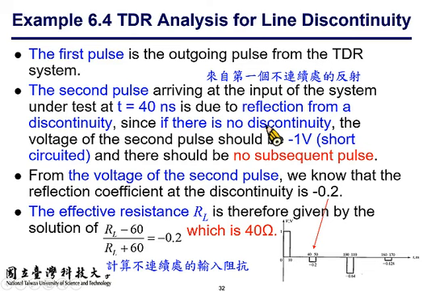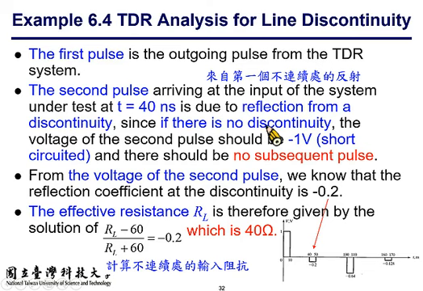So what can we do to diagnose the system? All right, the first thing is, based on the value of the reflected signal, we can estimate the equivalent resistance observed at the discontinuity, say RL. So (RL minus 60) divided by (RL plus 60) equals minus 0.2, and we find that RL is 40 ohms, all right?